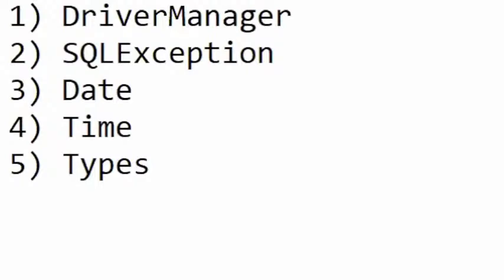Okay. A class is a collection of variables and methods. What is an interface? An interface is a blueprint of a class. Any other?